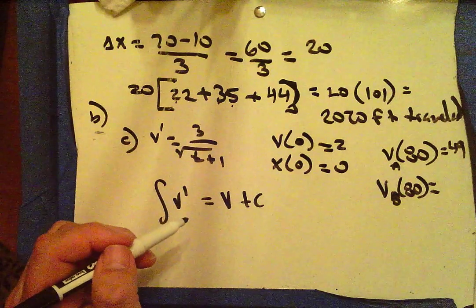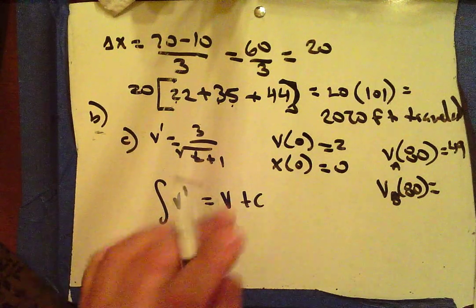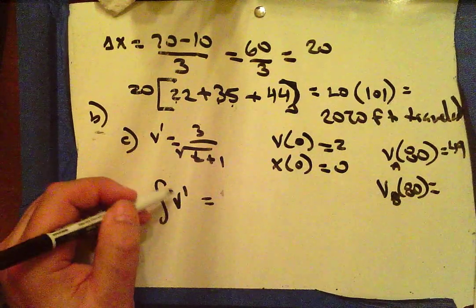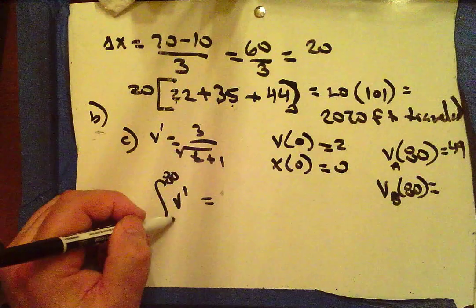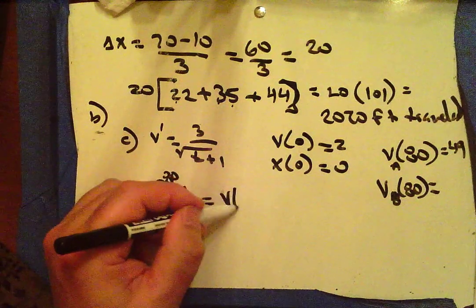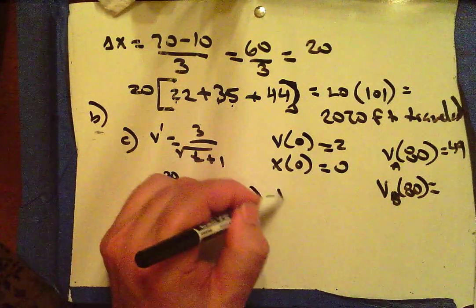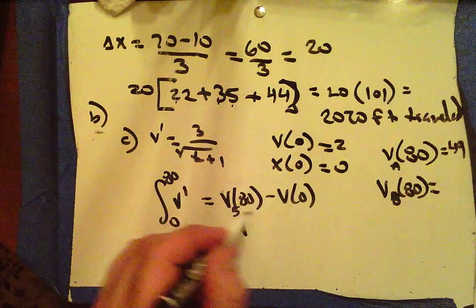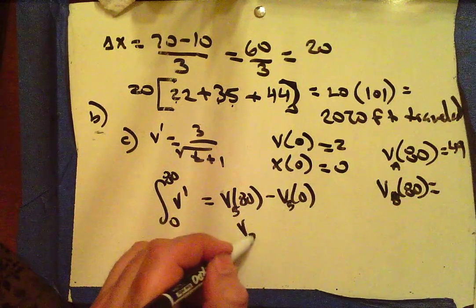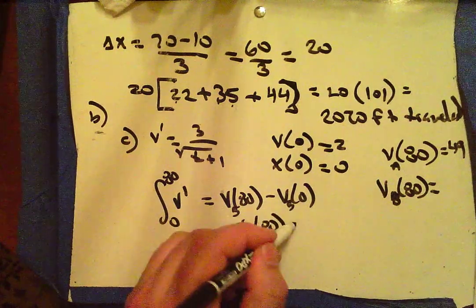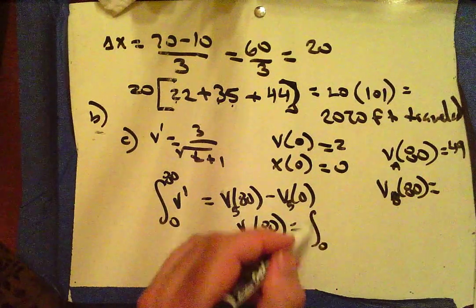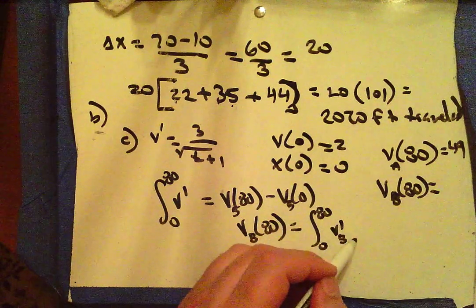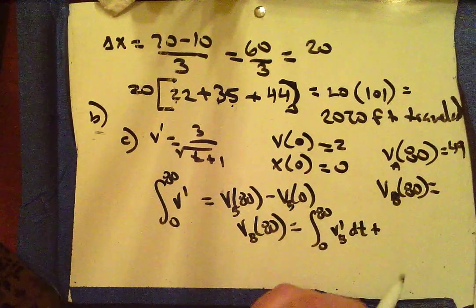So in fact, I could think about this even better. v of 80 minus v of 0. So v of 80 will be the integral from 0 to 80 of v prime dt plus 2.